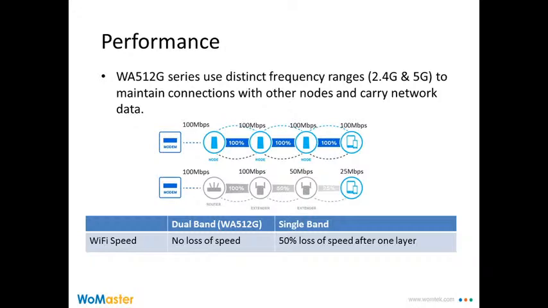Maybe like the uplink by the 2.4G and the downlink by the 5G, with the two different bands. The network can provide the full data usage. In this way, it can maintain better performance in the whole network and offer a good user experience.